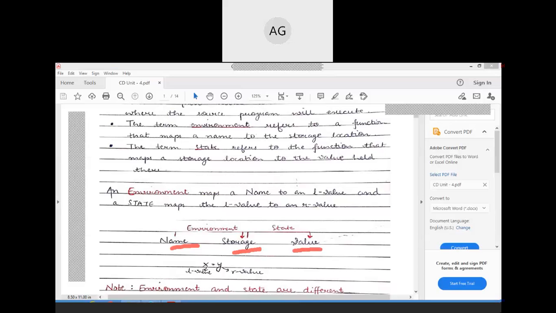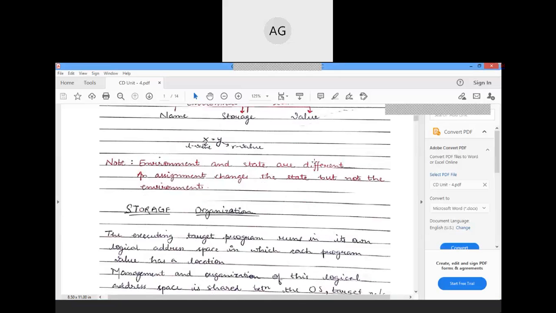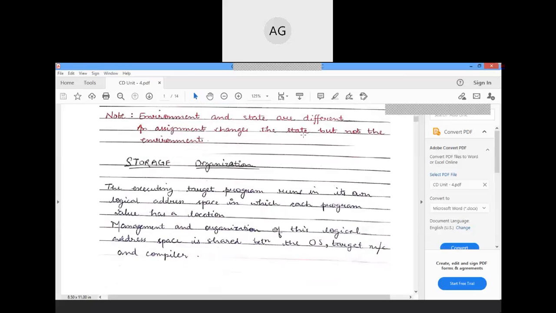So the state basically deals with the R value, whereas the environment basically deals with the L value. These are the definitions. Environment and state are different, and assignment changes the state but not the environment.